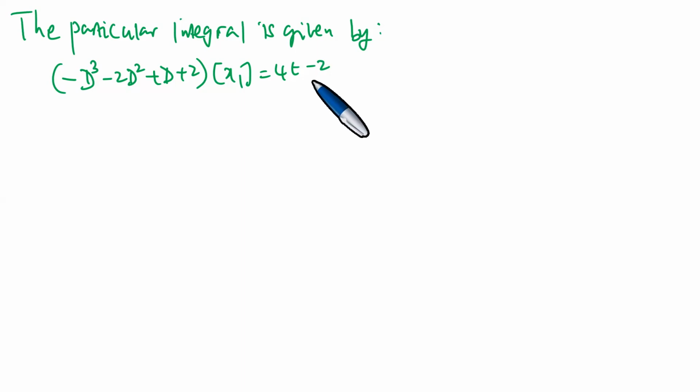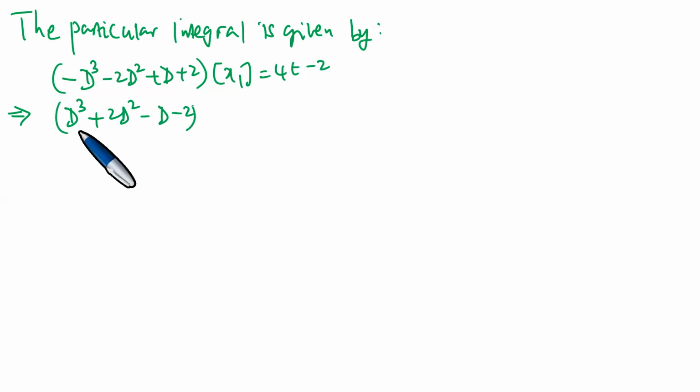And now we have seen that we can multiply through by minus 1. So that implies that we can have d cubed plus twice d squared minus d minus 2 operating on x1, and then this becomes 2 minus 4t.